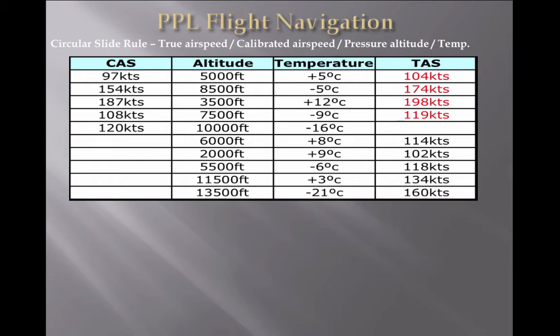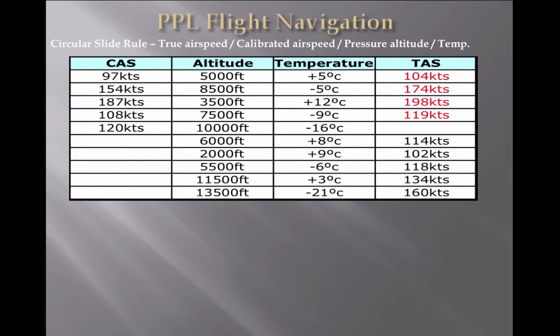Okay, we'll do one more, and then we'll try and take our true airspeed and then calculate our calibrated airspeed just to prove that we can do it. Okay, so 10,000 feet at -16 degrees. So 10,000, and just a little way past the -15 will give us a guesstimated 116.